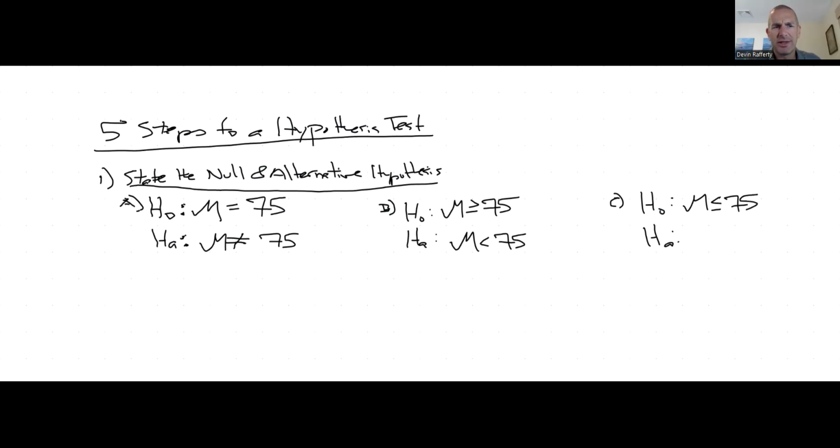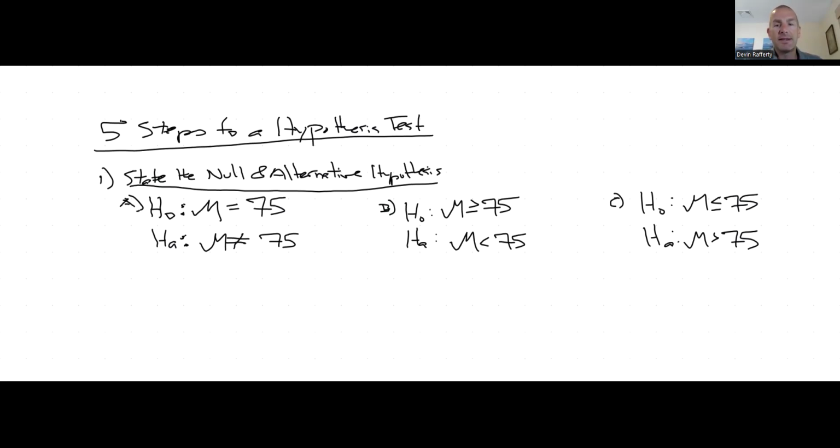Against the alternative, mu greater than $75. In other words, I think that the price is headed down. I want to know, is it going to be less than or equal to? And then I just put the opposite in the alternative hypothesis. I do greater than.